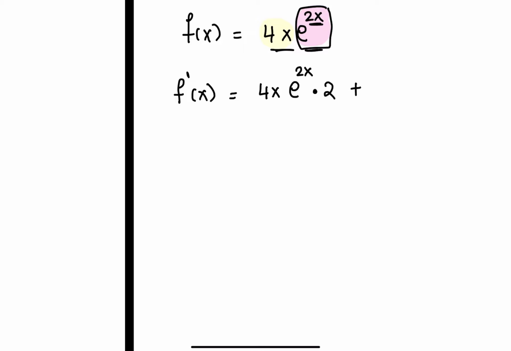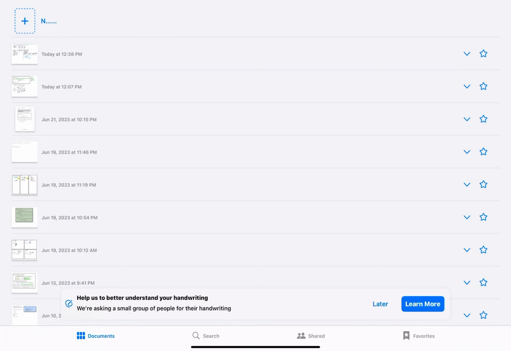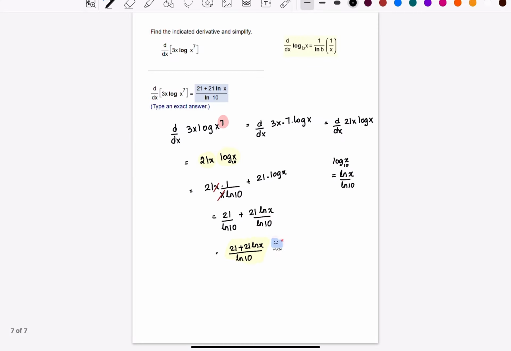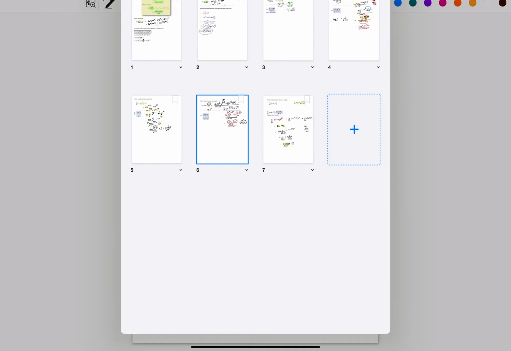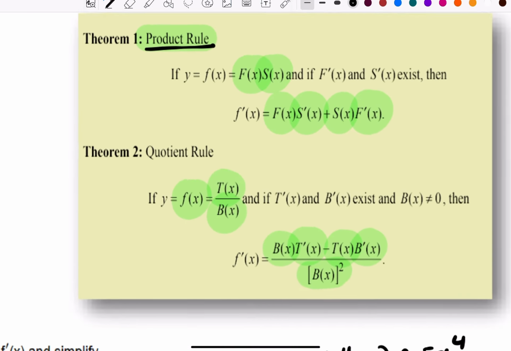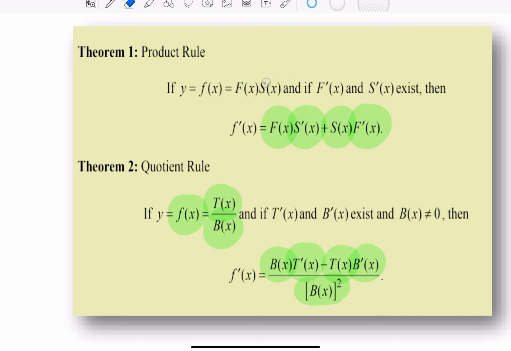Plus, what about the next one? Remember the product rule. Let me see if I can pull that up. I am going to 10.3 and let me take a look at the first one here. This is your product rule. Remember product rule?